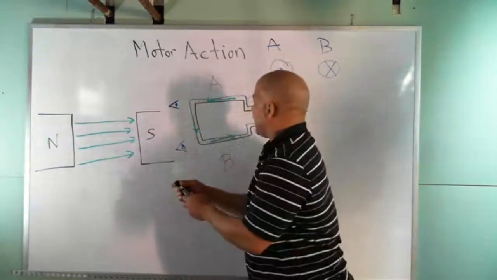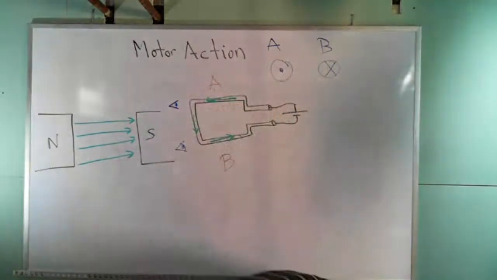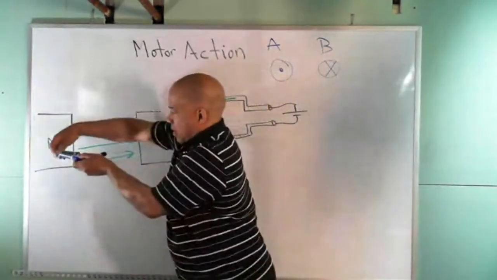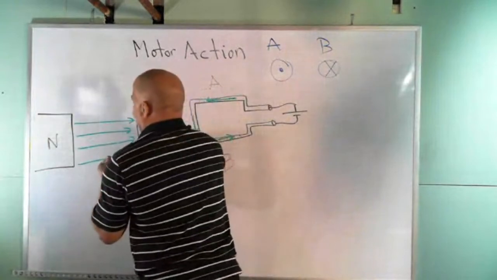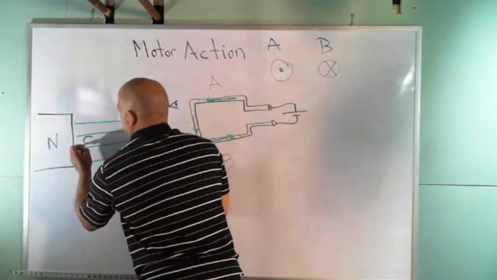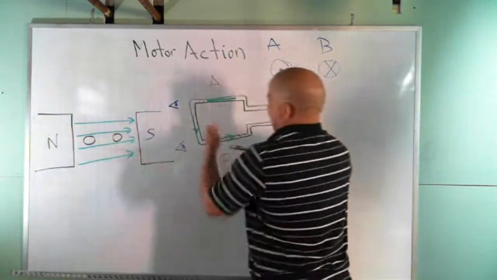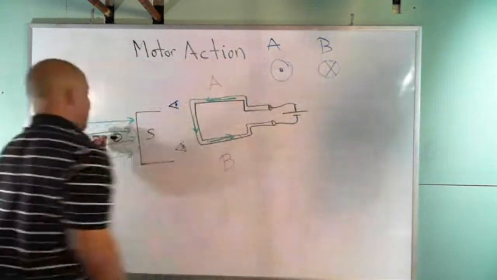So what you'll see here is conductor A, if I do that, then I'll have one conductor here, and then this piece right here is like right there.